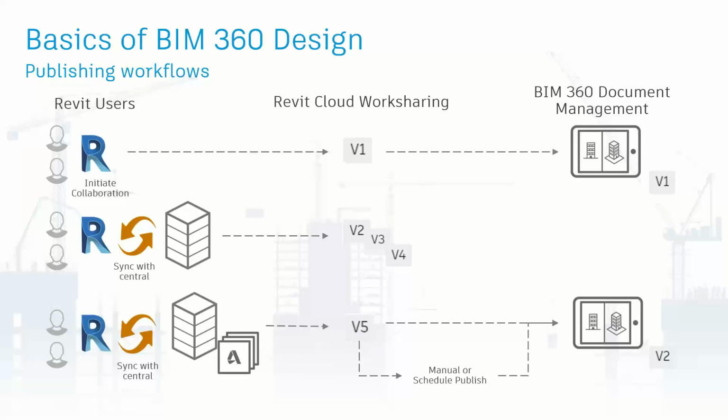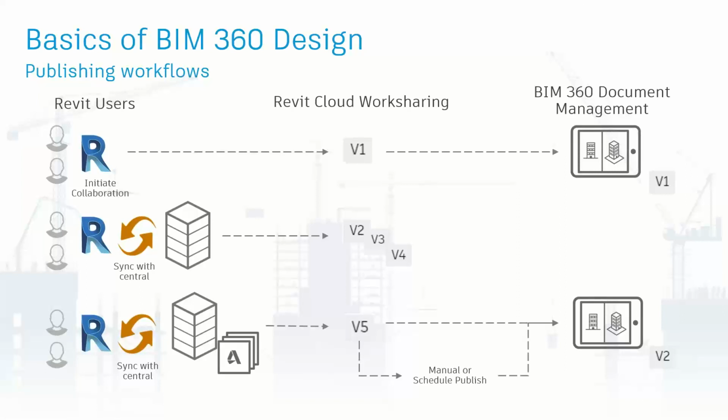They have their model on their computer and want to upload it to a central location so multiple users can start co-authoring that Revit file. Through Revit Cloud Worksharing technology, we are able to upload this model to BIM 360, our central location, and start collaborating with the rest of my team members.